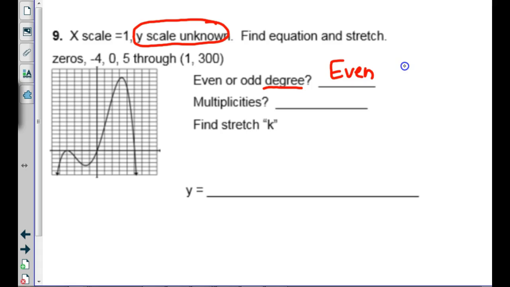All right. What are the zeros and the multiplicity? Negative 4, 0, and 5, it says, because it's a little hard to tell on the graph. So we'd have what? Negative 4 would be multiplicity 2. We want lowest we can. It's bouncing there.